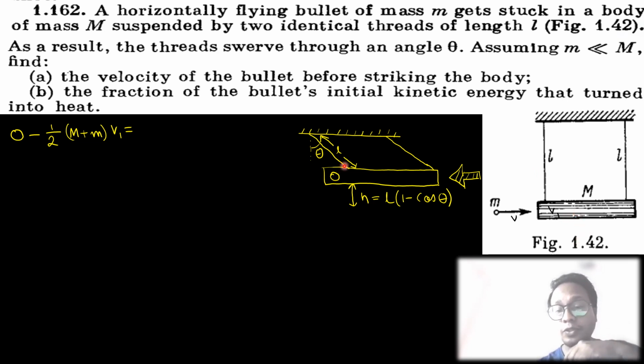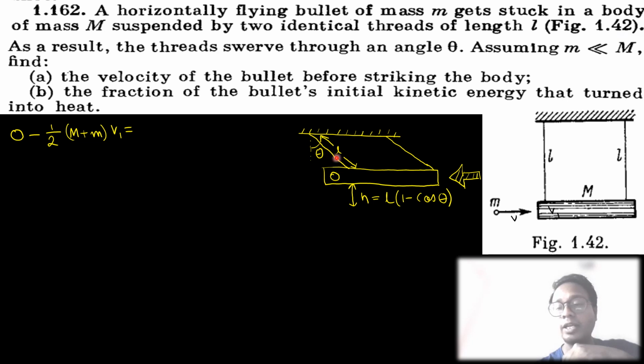The tension force won't be doing any work because, see, I assume this h to be very small and this theta to be very small. Can I assume this to be a circular motion? Because the length is always constant, no? And if you trace out the path, it is always circular motion. If the length remains constant and the angle only varies, it is supposed to be circular, no? So in circular motion, the displacement is always perpendicular to the normal force.